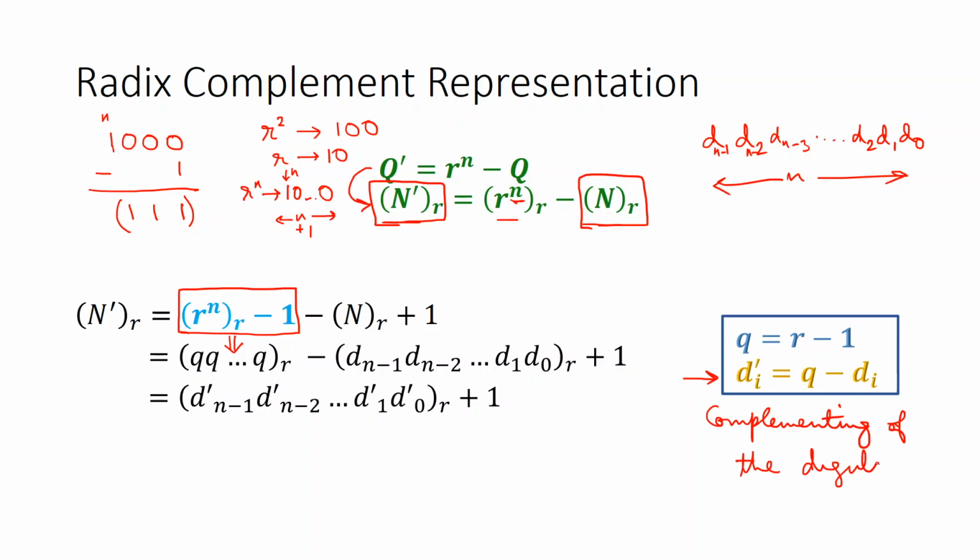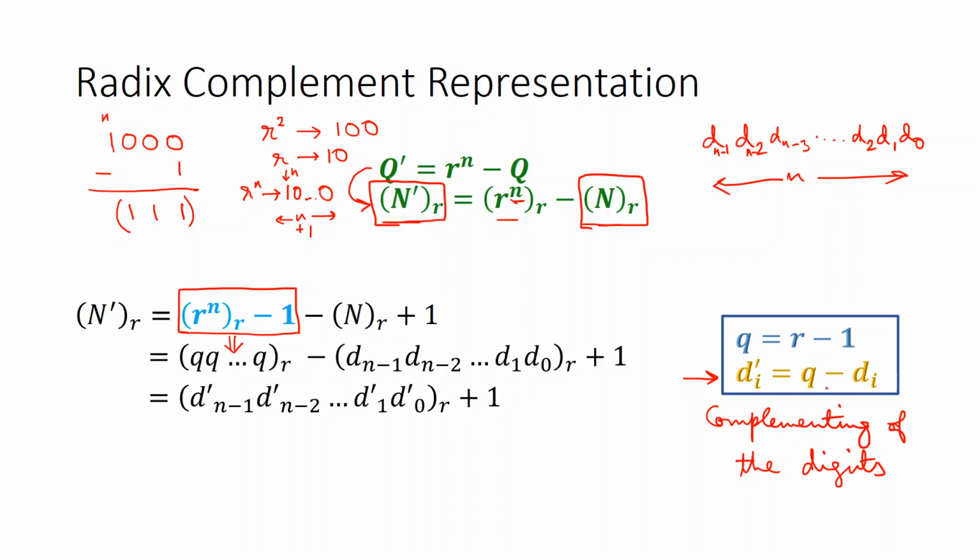This is a very simple operation. You know the maximum digit possible, you subtract a particular digit from that, and you will always get a value without taking any borrow.